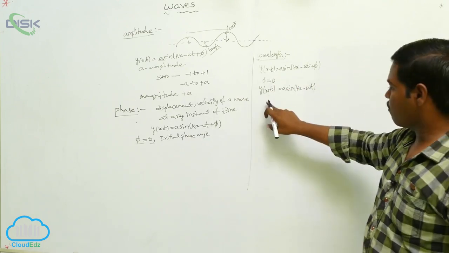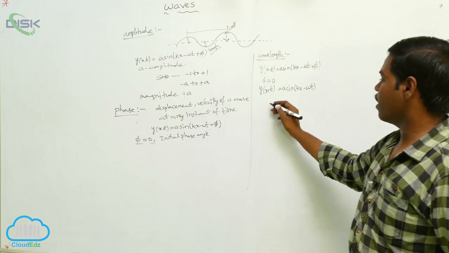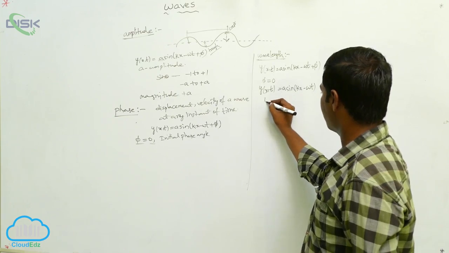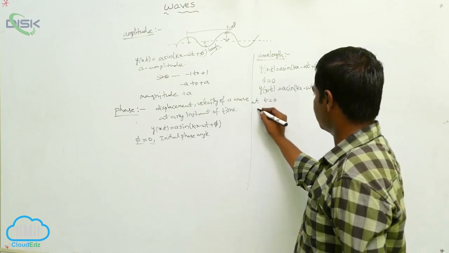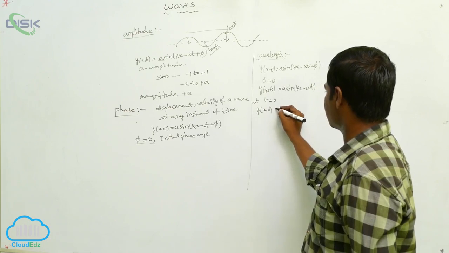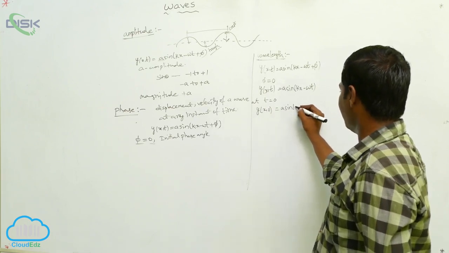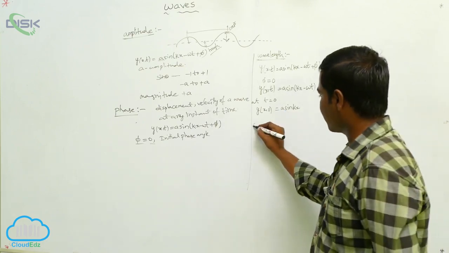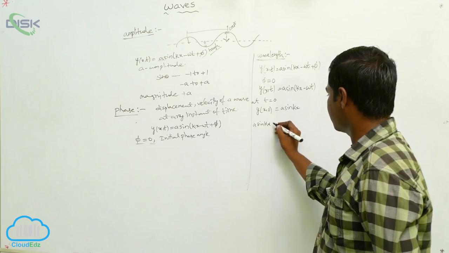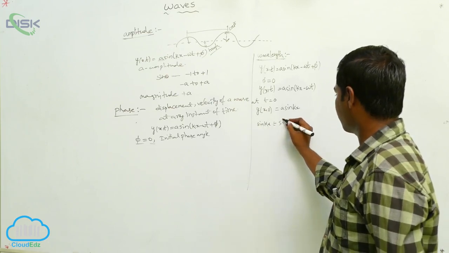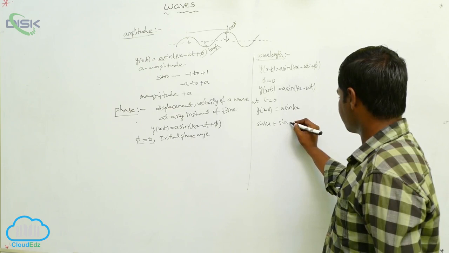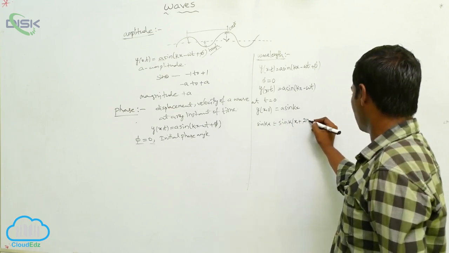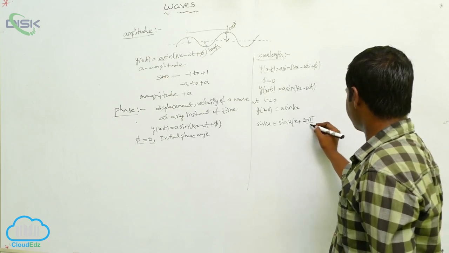Initially the wave is at this place, and then it repeats. At t is equal to 0, y of x comma 0 is equal to a sin kx, and we can write sin kx as sin of k into x plus 2n pi by k.